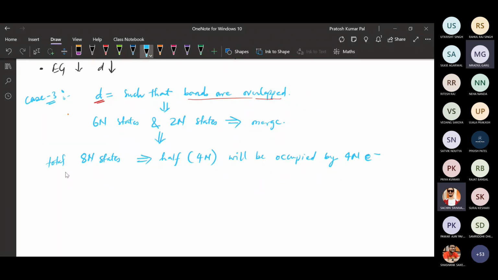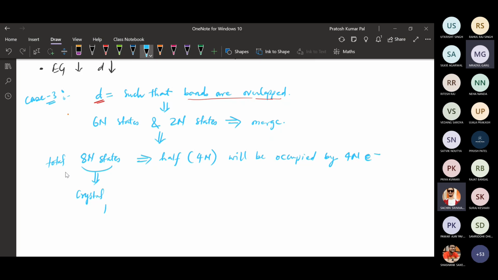So these 4 electrons, now once the merging has taken place, there will be no s and p type states. Once it is merged, it will be behaving like a crystal. So it will be the crystal property.